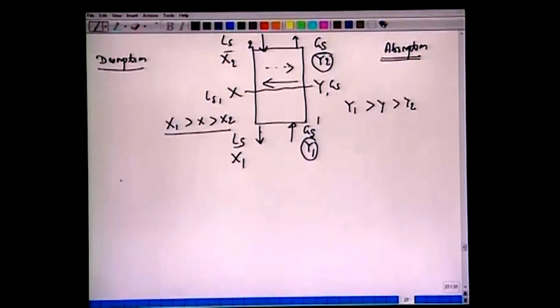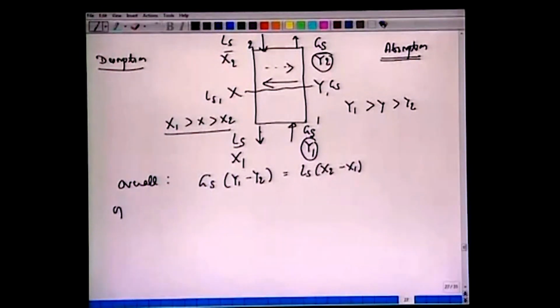If you make an overall species balance, it will be very simple, similar to previous: recall GS Y1 minus Y2 equals LS X1 minus X2. All it means is we can have an operating line which will relate the bulk phase concentration of one phase to another.